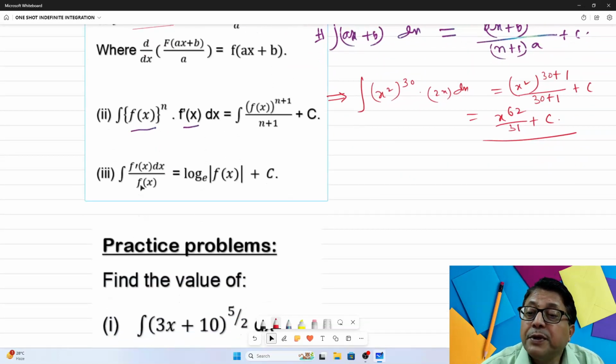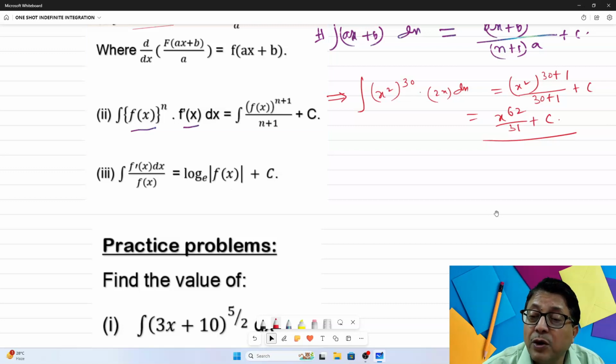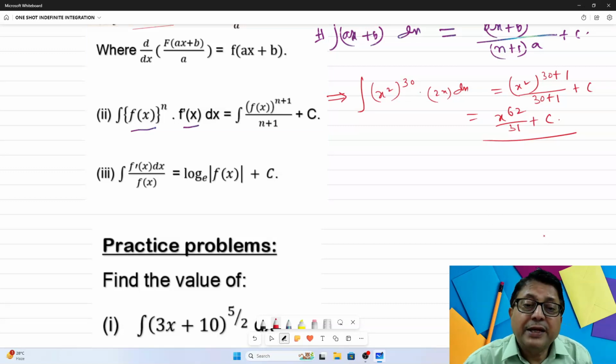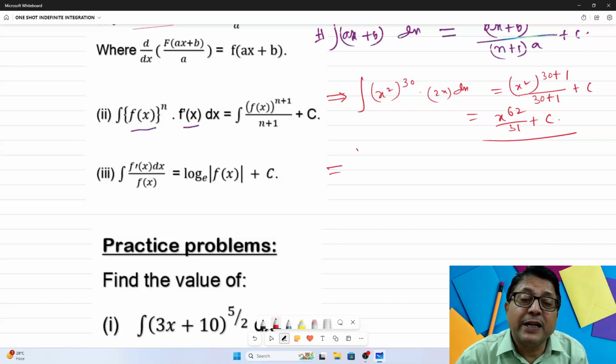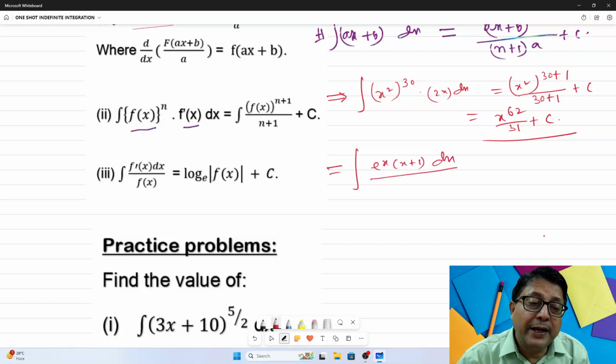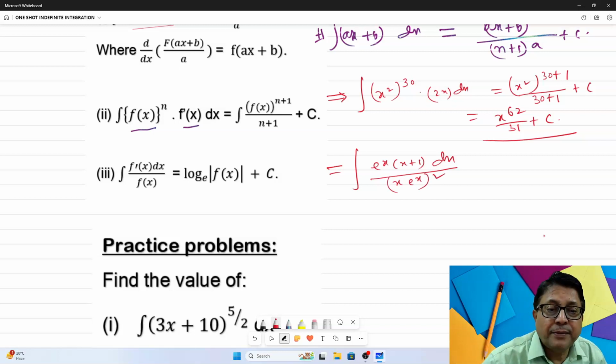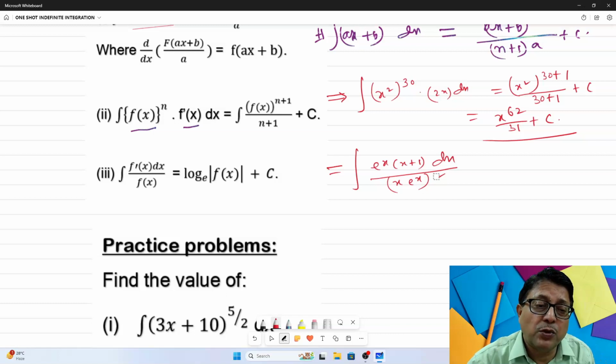Now if the function is given in this form f dash x by f(x), the answer will be log of f(x). Suppose a problem is given in this manner, e to the power x into x plus 1 dx, divided by x e to the power x whole square. The question is given in this manner.